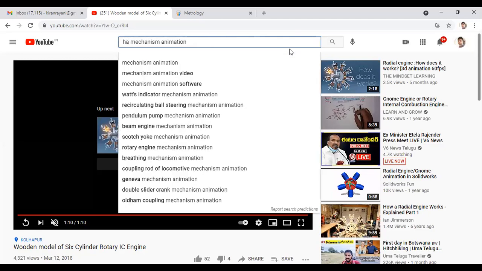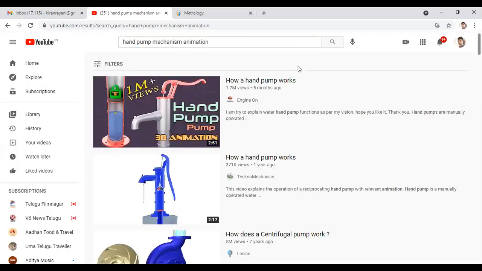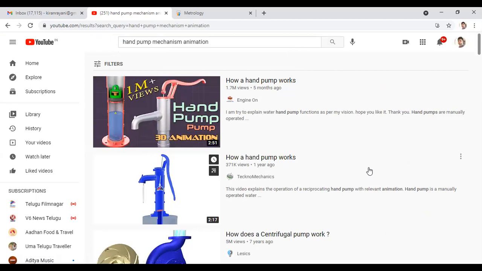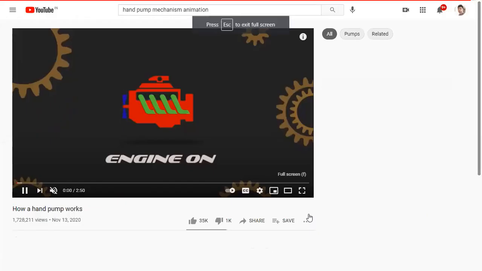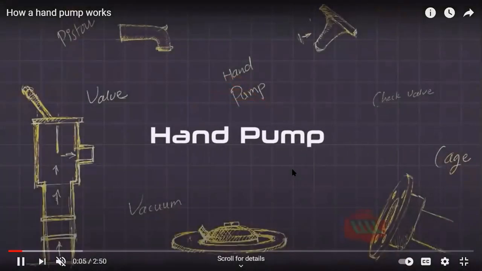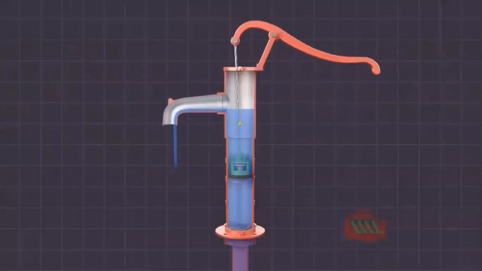Now we can see the hand pump mechanism also in animation. So this is the general working.